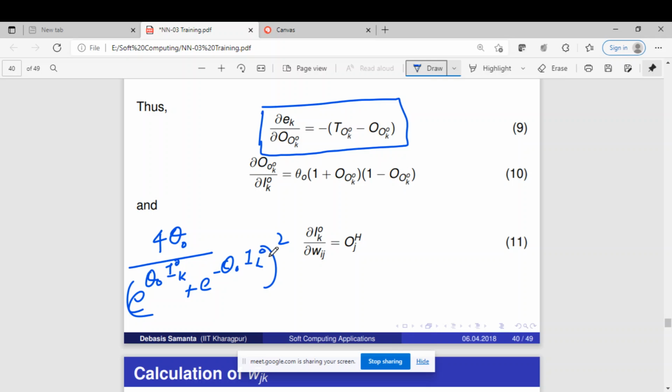Now this can also be represented in terms of itself. Because what is OOK? OOK is nothing but, if you see the denominator part, in our denominator part and this equation's denominator part, both are same.